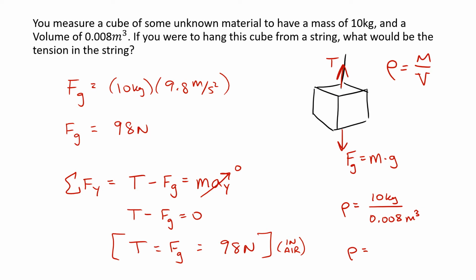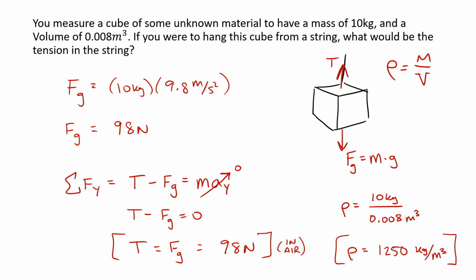Just want to make sure. 1,250. Yes, awesome. 1,250, and if we don't know the units, we can just use the units that we have already. I have kilograms over cubic meters, so I can say kilograms over cubic meters. Those units are correct because I'm keeping it consistent.